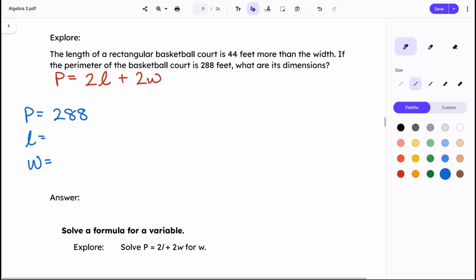Do I know length or width or anything about them? Okay, so it says the length is 44 feet more than the width, right? So do I know anything about the width? So I'm just going to keep W as W, but I know that the length is whatever that number is plus 44 because it's 44 more.